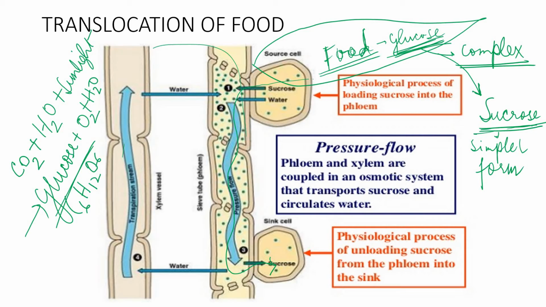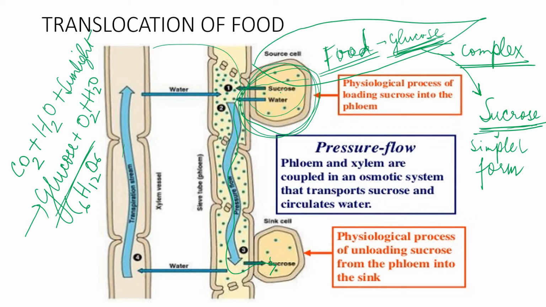See what is happening here. Didn't I tell you about companion cells? Yes, I did say about companion cells. So what companion cells will do is that from here the food will be loaded, just like we load various items in a truck whenever we shift from one location to another.